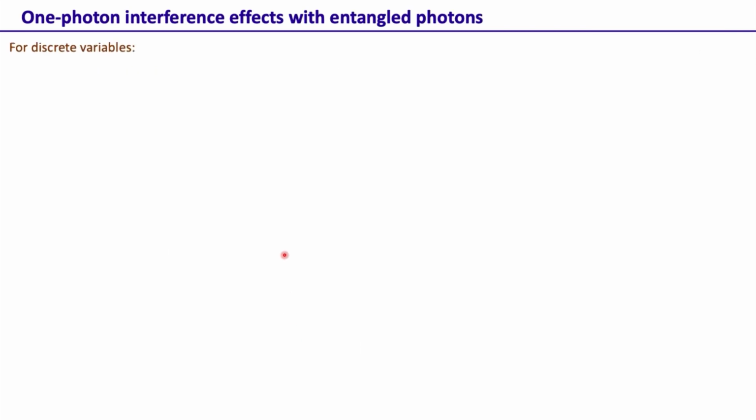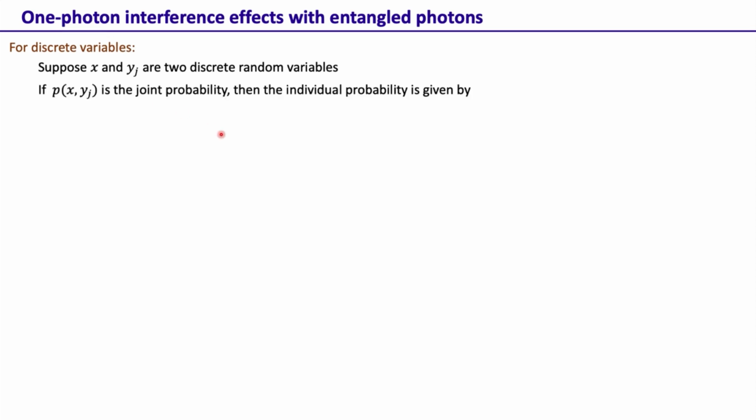One more piece that remains is that in several two photon interference experiments we also see one photon interference effects. If we just look at one detector, there may be interference effects there. So here I just wanted to have one quick result, and for that I will take one result that we had derived in the first few lectures: the probability of an individual event if we know the joint probabilities.